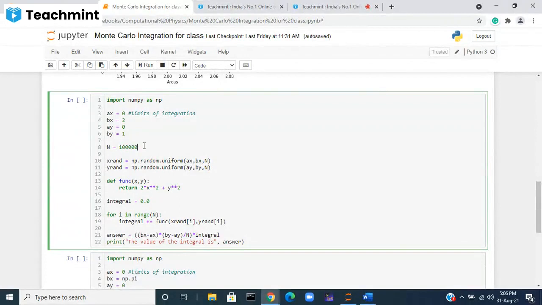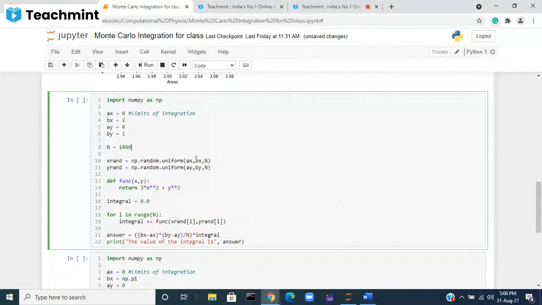Then what do we do? Let us generate 1,000 random numbers, random points. We use numpy random uniform from ax to bx, n.